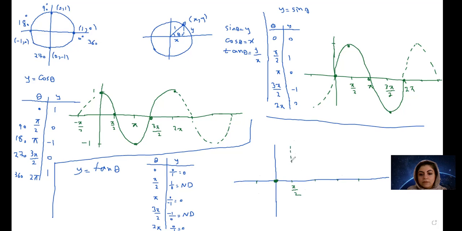You just put a vertical dotted line like that. Means you never cross this line. For pi is 0, 3 pi over 2 is again an asymptote. So this is 3 pi over 2. This is pi. But this is an asymptote again. And this point is 0. It's 2 pi.